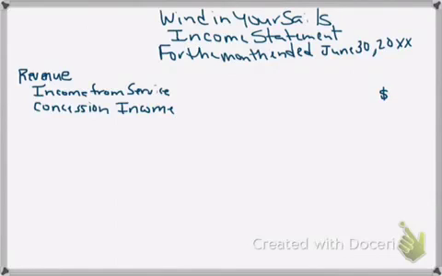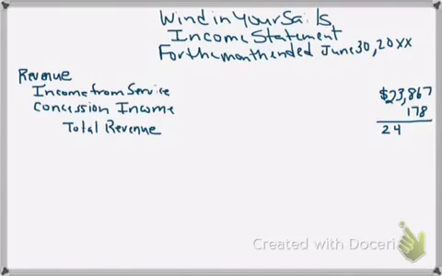I have $23,867. Notice I do have a dollar sign there. Concession income is going to be $178. I need to add my revenue items together to get total revenue. So when I finish this, I'm going to have total revenue of $24,045.